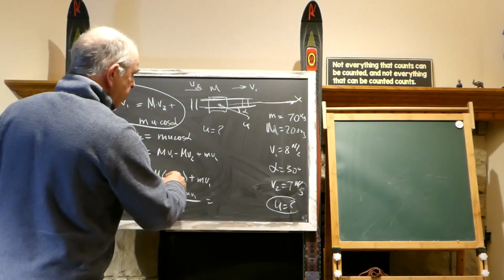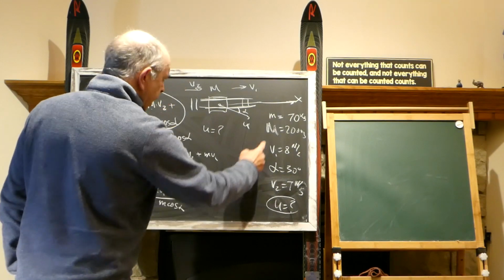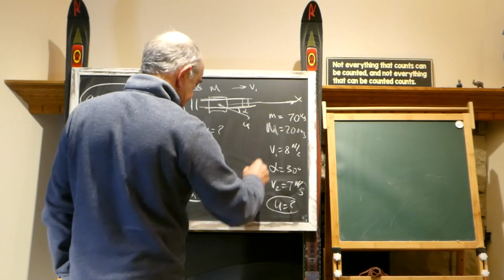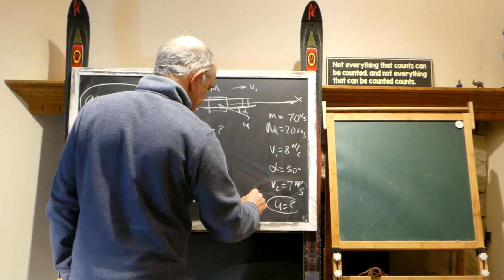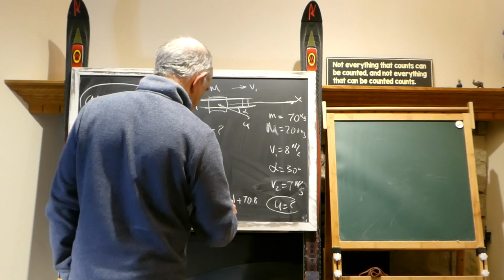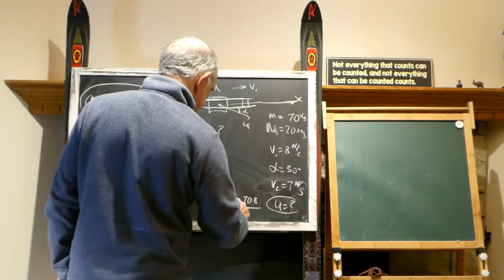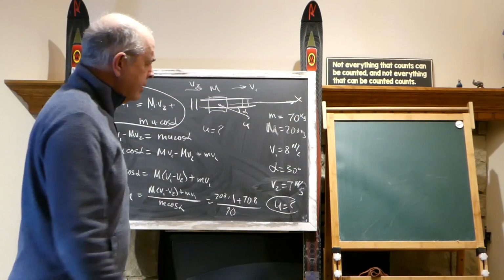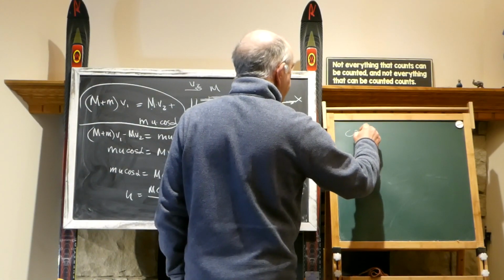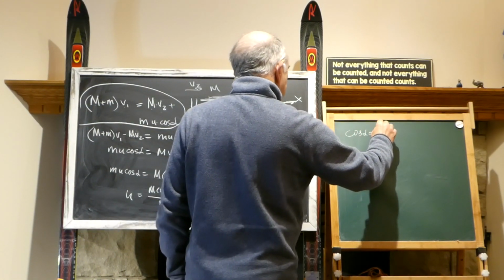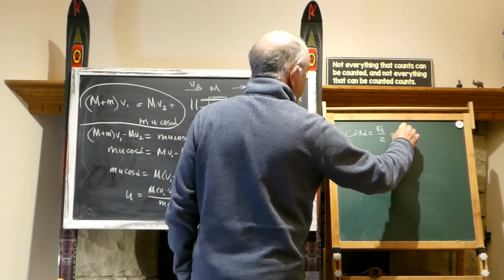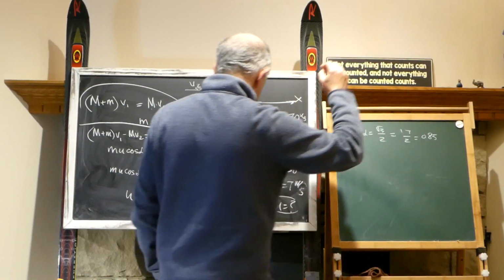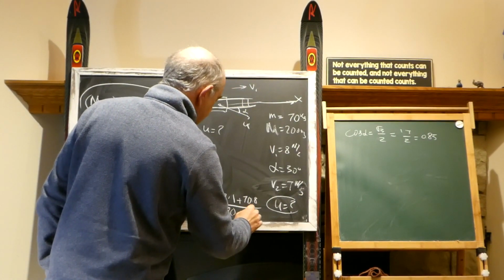We have M is 200, v1 minus v2, 8 minus 7 is 1, plus mass 70 multiplied by 8, and the bottom would be mass 70, right? And cosine alpha, this is cosine alpha again. Look at the trigonometry playlist. It would be square root of 3 over 2, which is approximately 0.85.